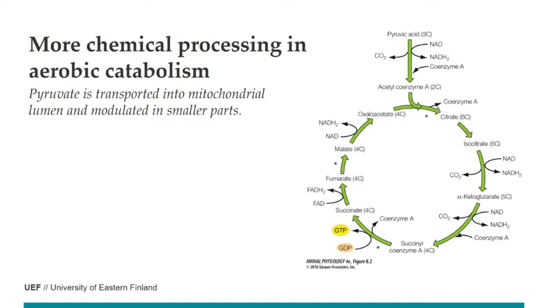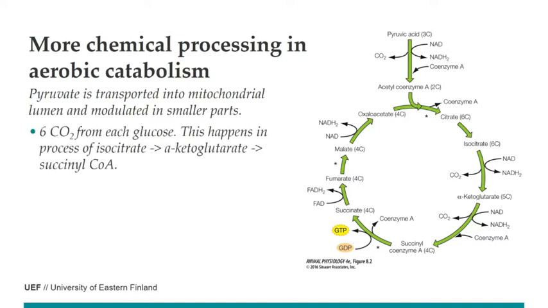What happens there is that the glucose is cut to produce 6 carbon dioxide: 2 carbon dioxide on the right-hand side and 1 on the top. Because this cycle goes 2 times per glucose, 3 plus 3 is 6.